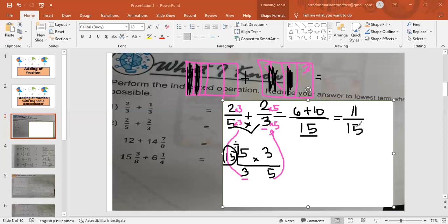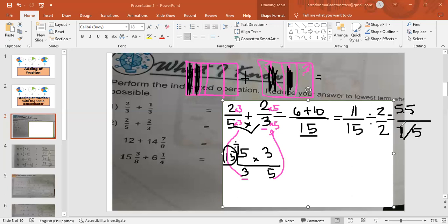Okay, now, class, can we find the least common multiple of this 11, 15? Can you divide this with 2? Let's see. I think it's not, because the answer of this one is 5.5. The answer of this one is 7.5.